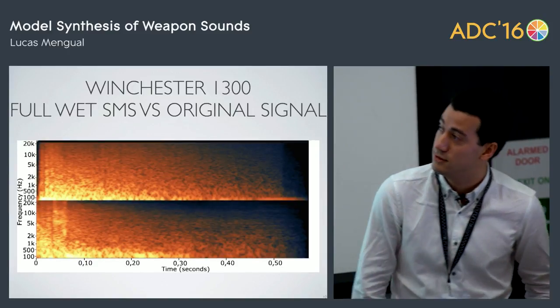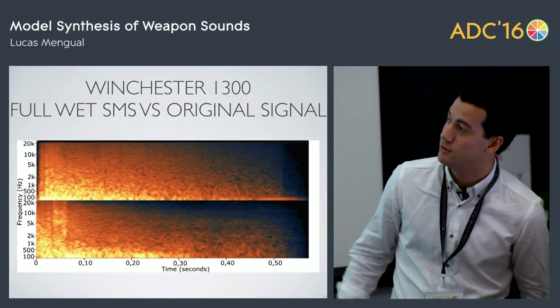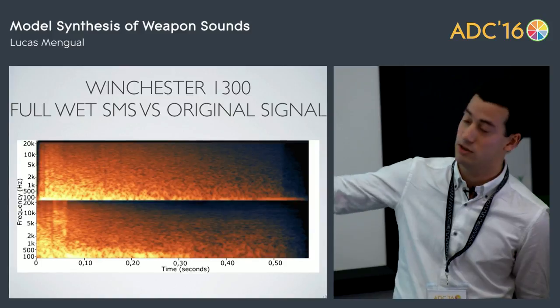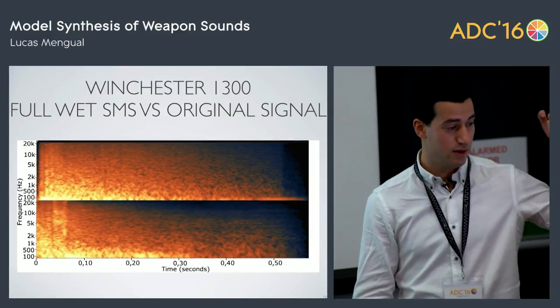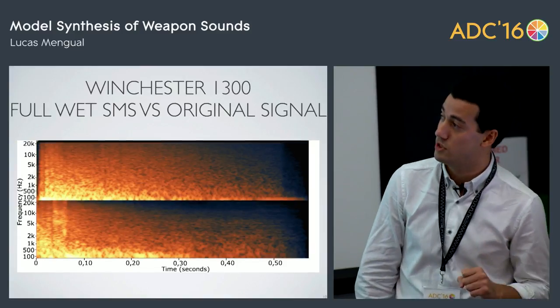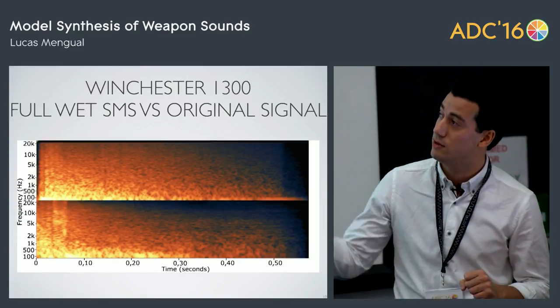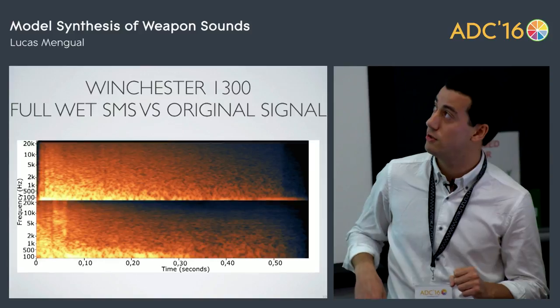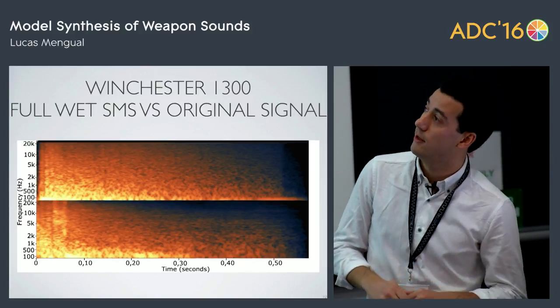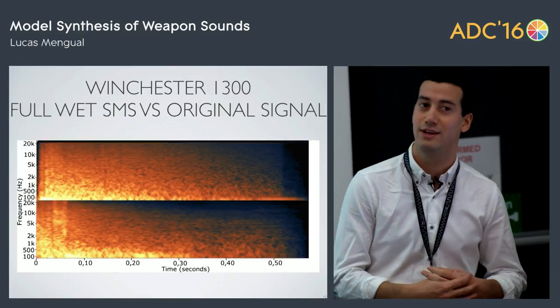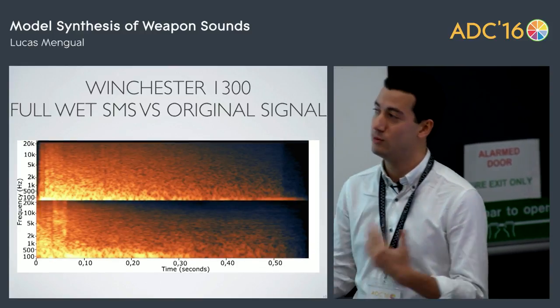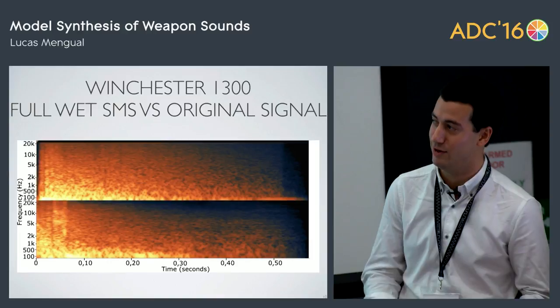So here, this is a shotgun recording. The bottom one is the original recording, and the top one is the model version, the procedural version. As you can see, you can't clearly spot the modes in the gunfire.